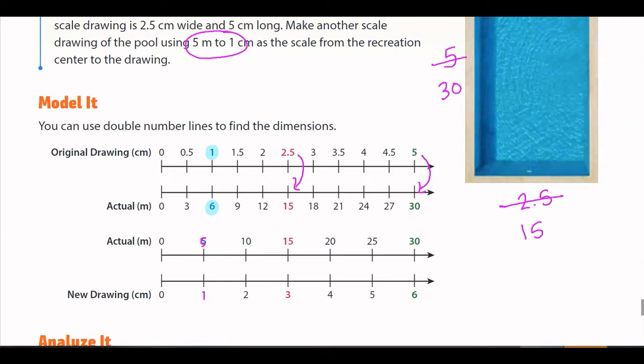If this is actually 15 now, and the scale factor is 5, and we're going smaller, then we're dividing. So we have to divide 15 by our scale factor. That'll give us 3. And divide 30 by our scale factor, which will give us 6. So there's our new one right there. Remember, when we're going from the bigger to the smaller, we're going to divide.